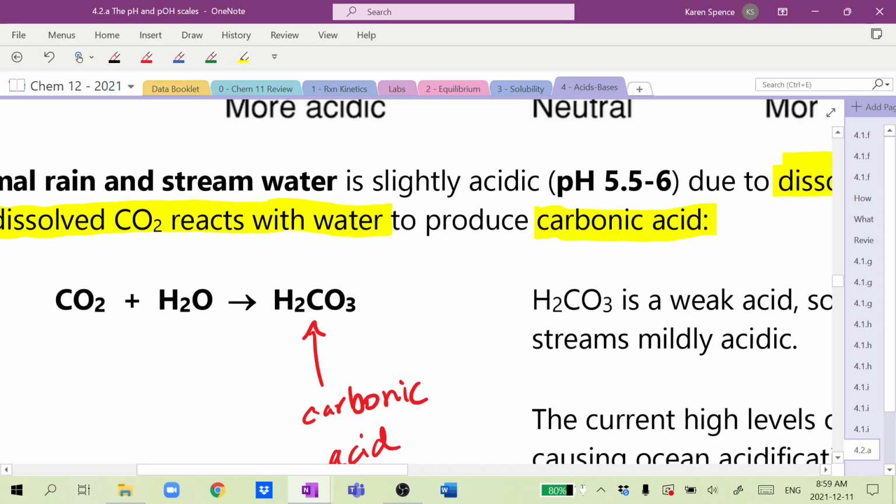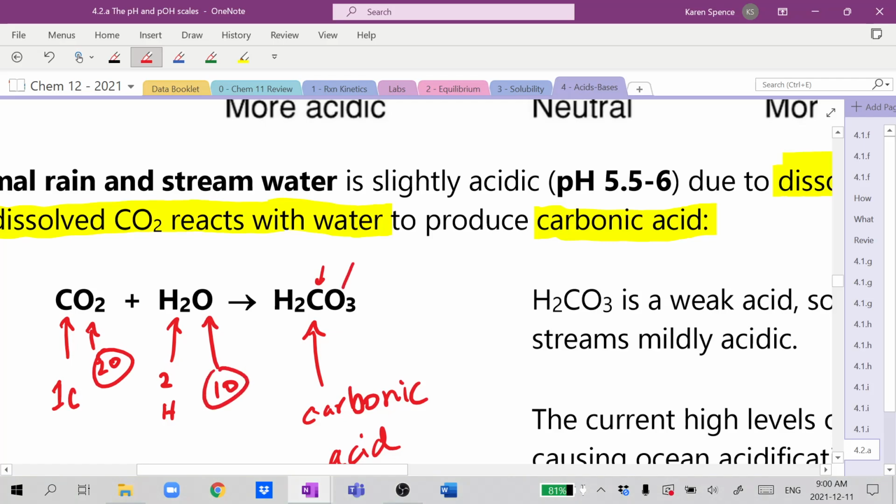If you can remember that there's lots of carbon dioxide around and that reacts with water, if we look, we have one carbon, two oxygen, two hydrogen, and one oxygen. All we've done is take the one carbon, the two oxygen and the one oxygen, and we end up with three oxygen, and we have the two hydrogen. So we're basically taking CO2 and H2O and cramming them together into one formula.